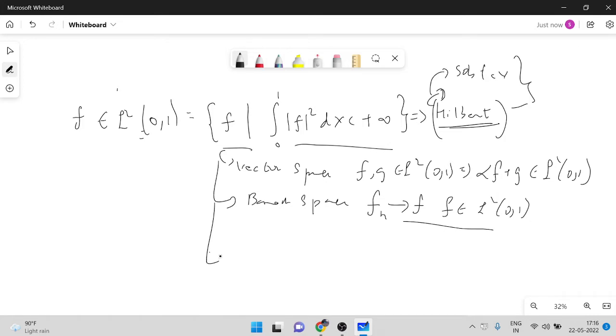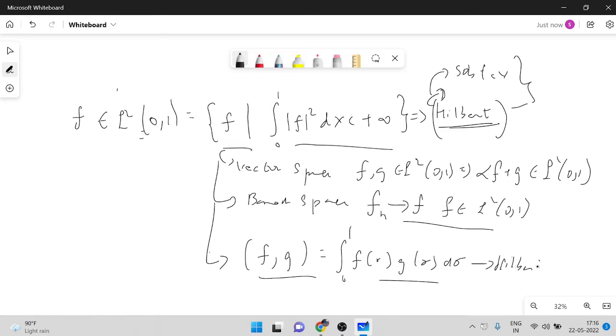Further, this space is equipped with an orthogonality property, that is, the inner product of f comma g, where f and g belong to this space, is integral 0 to 1 f of sigma g of sigma d sigma. The fact that our functions have an inner product means that this is a Hilbert space.